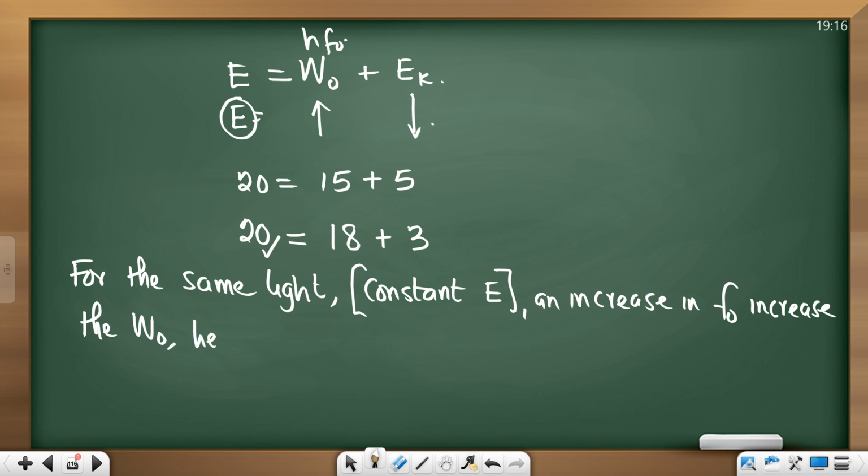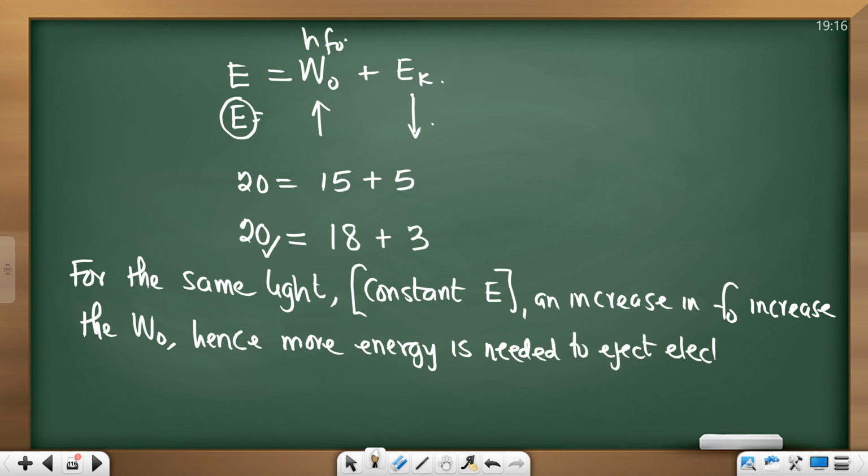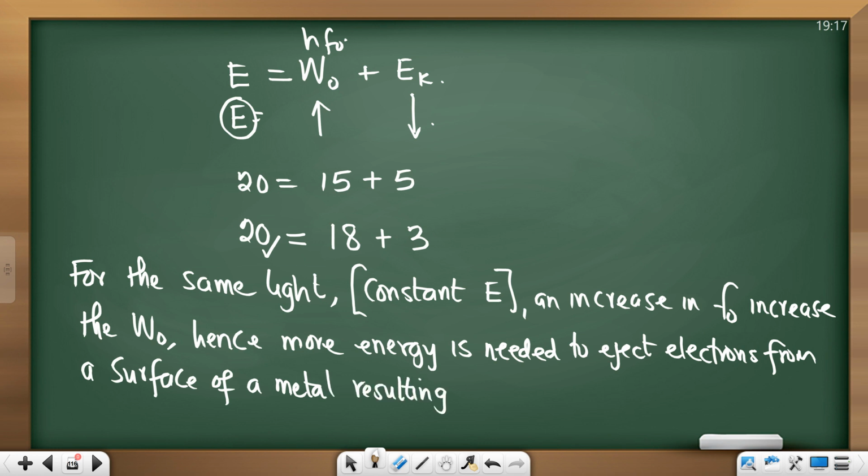Hence, more energy is needed to eject electrons from the surface of a metal, resulting in low kinetic energy of photoelectrons.